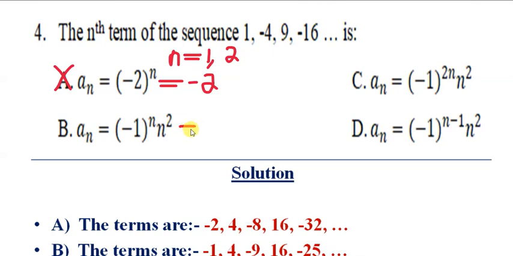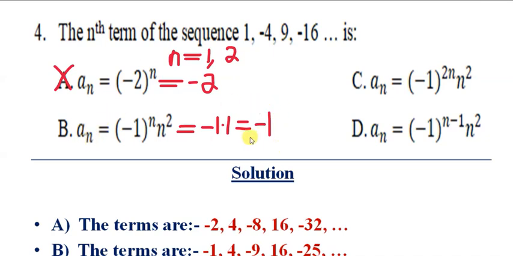And in B also, the general term is -1 to the power of n times n squared. Let us check for n equal to 1 and 2. When n is equal to 1, -1 to the power of 1 gives us -1, and 1 squared is 1, so -1 times 1 gives us -1.